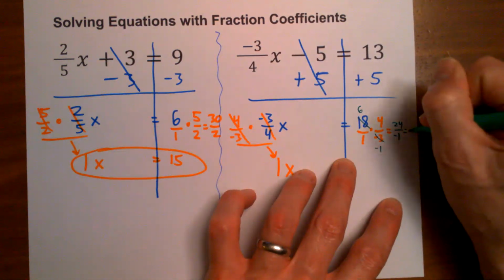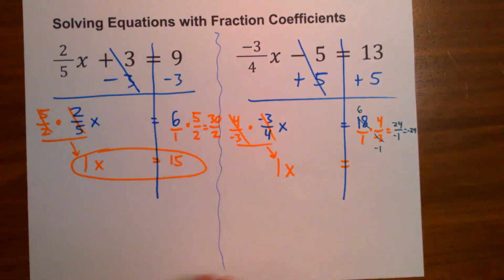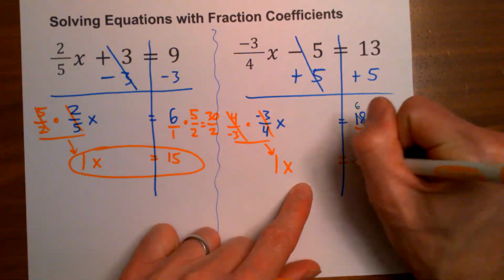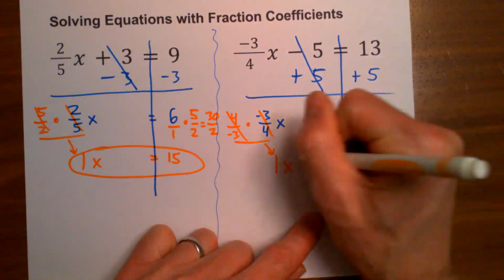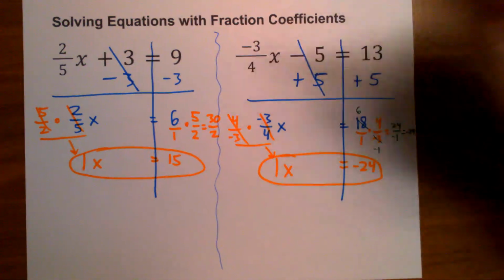And 24 divided by negative 1 is negative 24. That says my 1x, x in this case, must be equal to negative 24. So that is how you can handle equations that have a fraction as a coefficient.